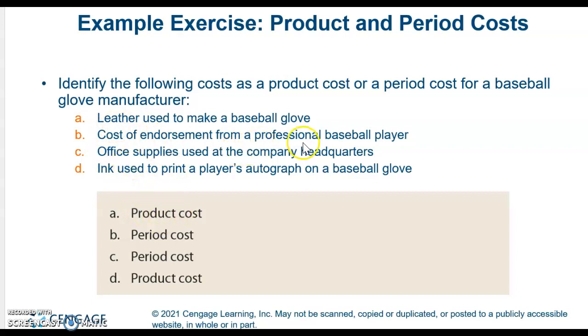Cost of endorsement from a professional baseball player is going to happen outside the manufacturing plant, so that's a period cost. Office supplies used at the company's headquarters is in the office, so that's a period cost. Ink used to print a player's autograph on the glove happens in the manufacturing plant, so that would be a product cost.